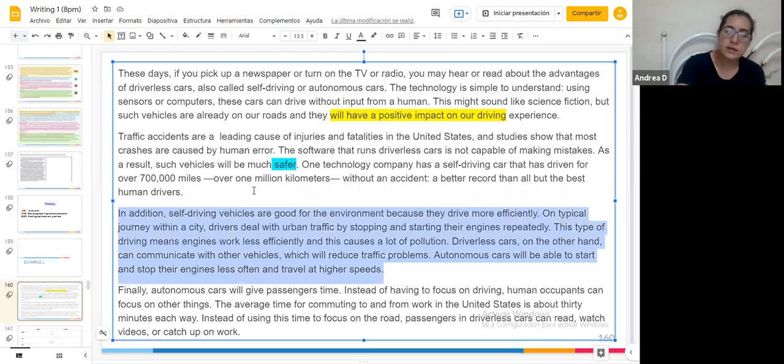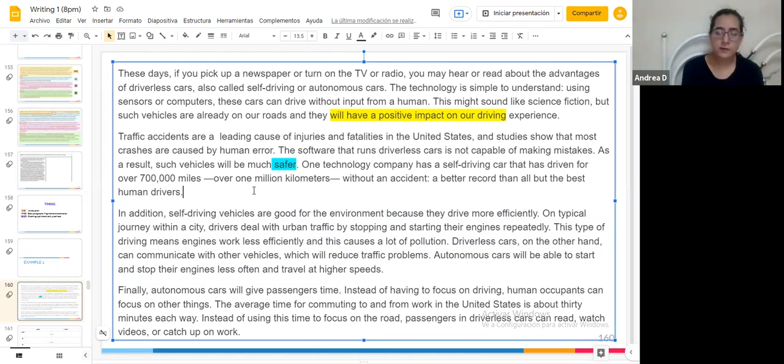Now, what about the second reason he gives here? Why else are they positive for humans? What's the second reason?